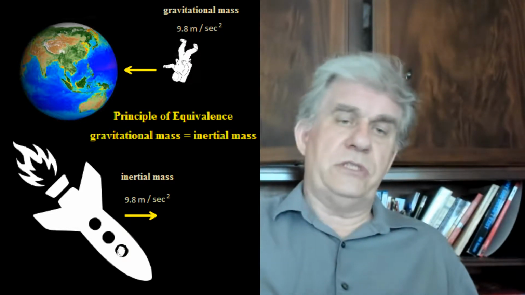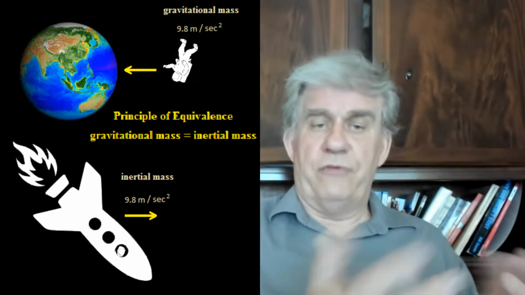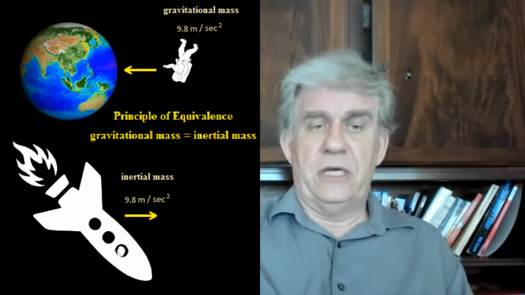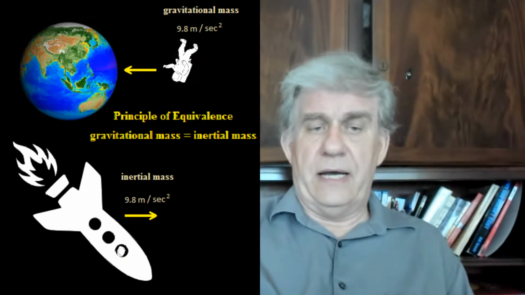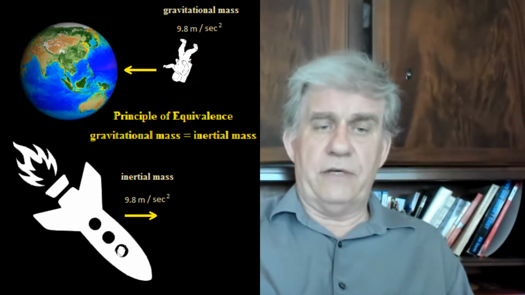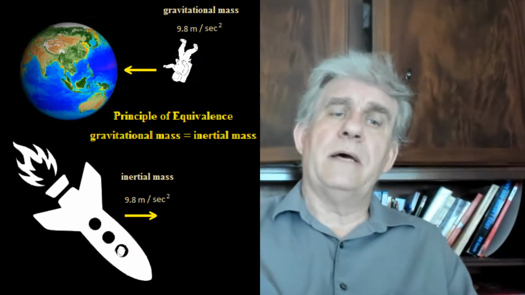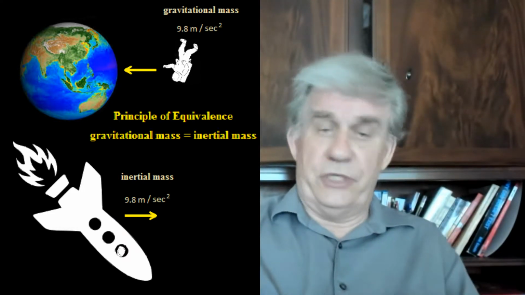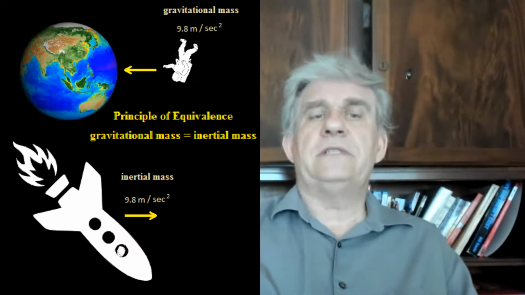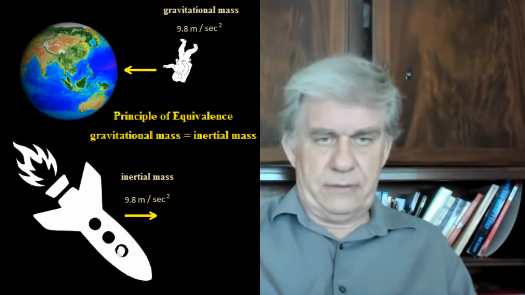And that's what we refer to as gravitational mass. On the other hand, if you're in a rocket in the middle of space, the picture at the bottom, and you're flying at the same acceleration, 9.8 meters per second squared, that's going to be your inertial mass. What Einstein said is those two are physically equivalent.